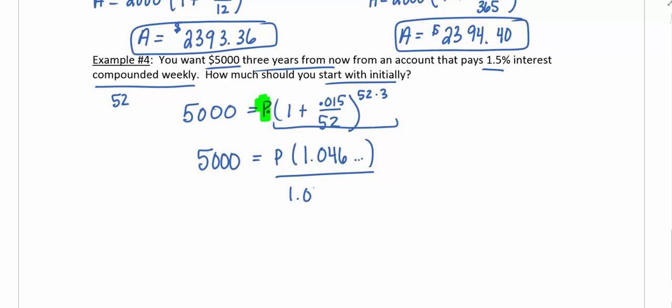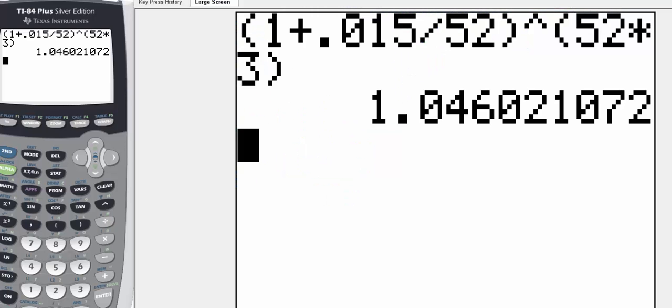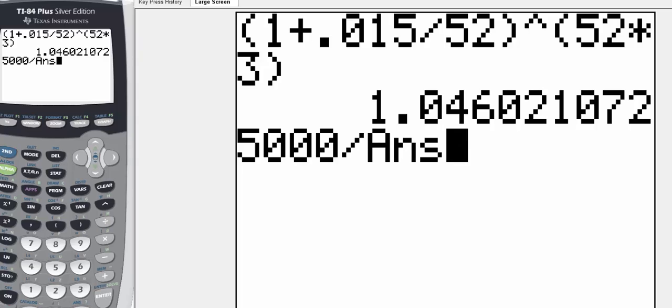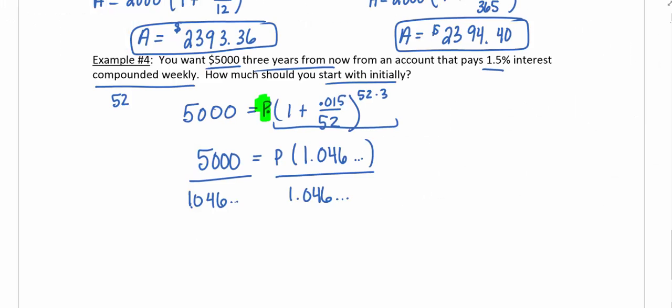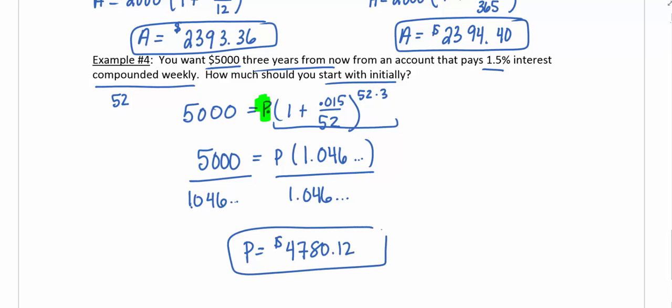I do know that I need to divide by that number in order to get P by itself. And what I'm going to do is I'm going to use it in my calculator. I'm going to say 5,000 divided by. And then I want you to go second answer, which is second this negative key. And it's going to pull up that number without having us round anything. And it just makes everything a little bit better. So P is $4,780.12. So that's what you need to start with initially to end up with $5,000 in 3 years.